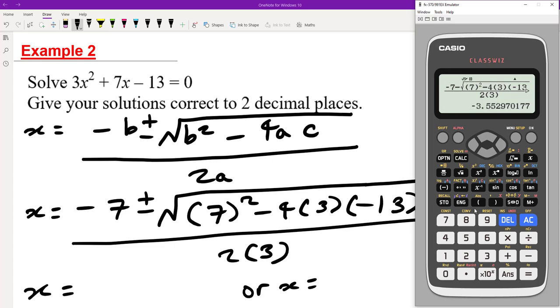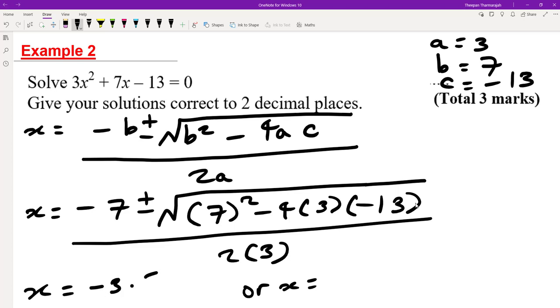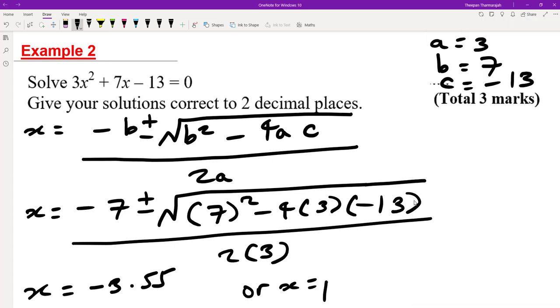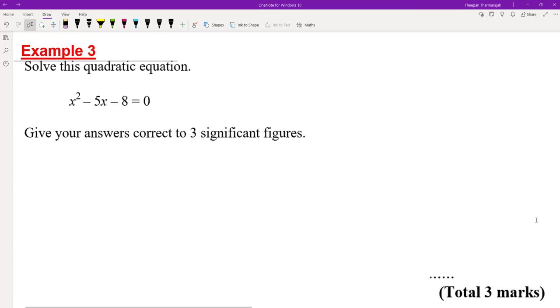And so our first solution is, to 2 decimal places, minus 3.55. So minus 3.55 is this solution. Then to find the next solution, we just change that minus before the square root to a plus. That will give me 1.22, correct to 2 decimal places. So 1.22.